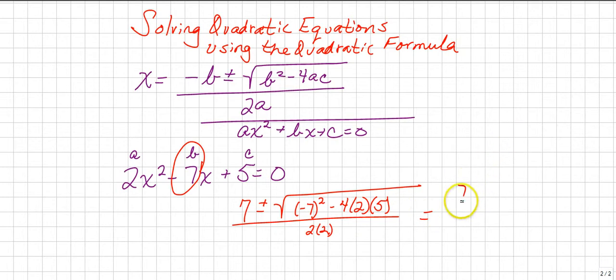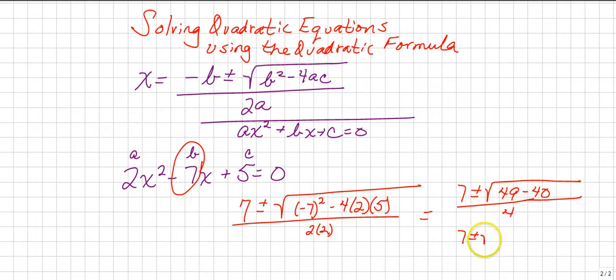So we have 7 plus and minus underneath the radical, 7 squared is 49, minus 4 times 2 is 8 times 5 is 40, all over 2 times 2, which is 4. 7 plus or minus root 9 over 4 equals 7 plus or minus 3 over 4.